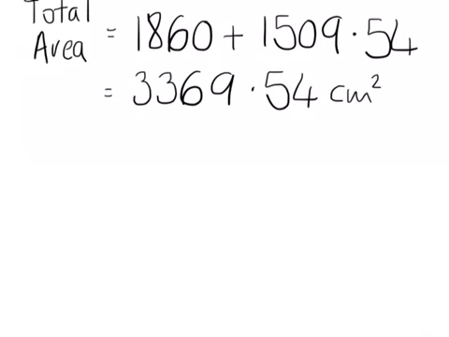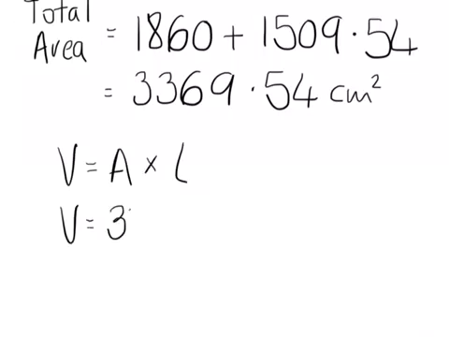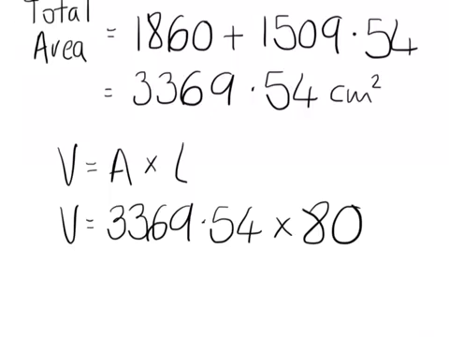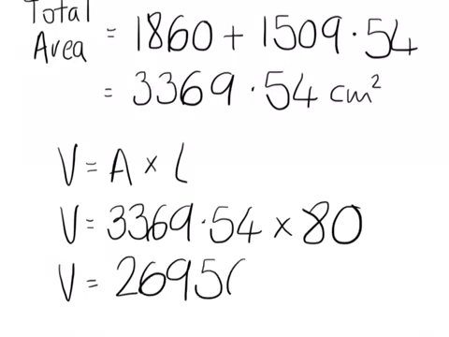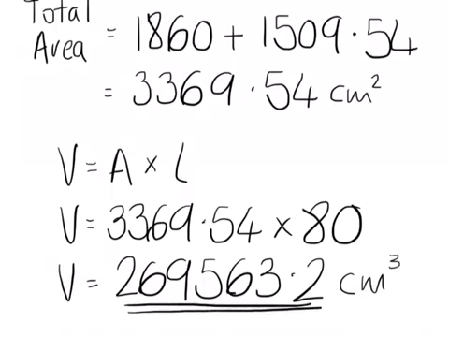First of all, our formula: V equals A times L. So V equals 3369.54 multiplied by 80. And again, if we use our calculator at this point, then we get a volume of 269,563.2, and that's cubic centimetres. And that's our final answer, the volume of the prism.